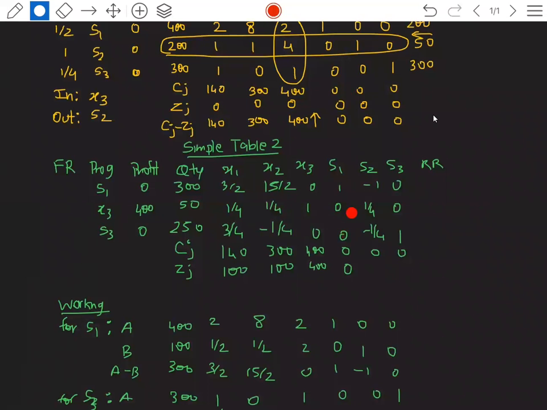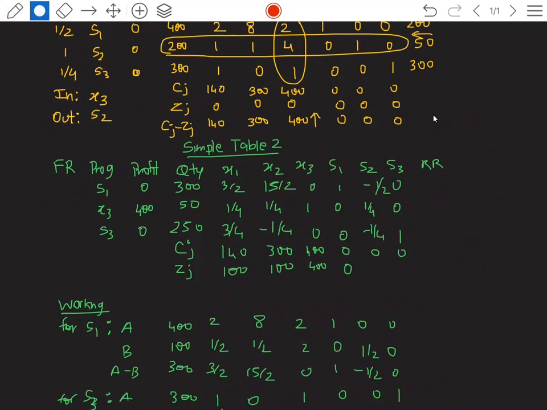There seems to be some mistake over here. Yeah, for the b value, it should be half into 1, correct? So this should be 1 by 2 and -1 by 2. So even here we are going to have -1 by 2.